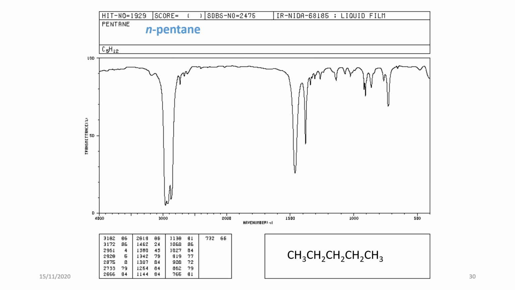Here are some typical spectra corresponding to n-pentane, where the sharp peak here corresponds to the CH stretching.